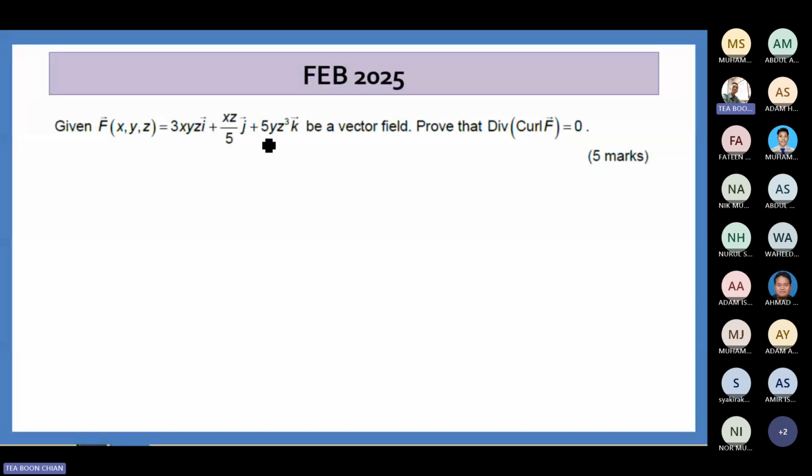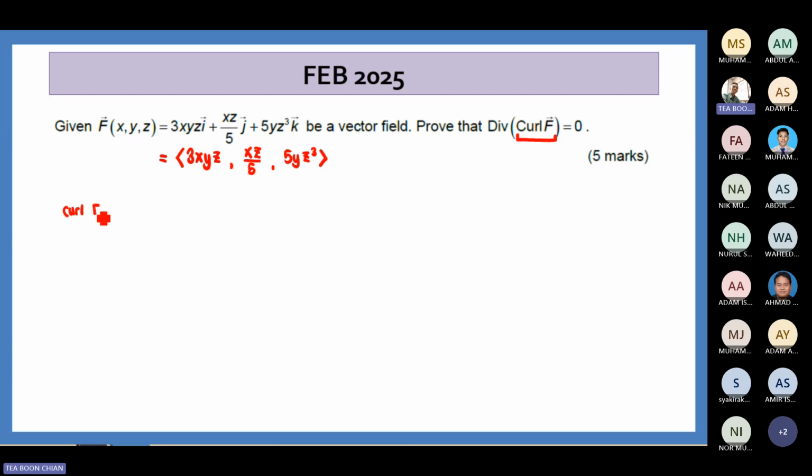So this is the vector f given, and this vector f has components 3xyz for the first, xz over 5 for the second, and 5yz to the power 3 for the third. Again, divergence of curl, which means we perform the curl computation first.